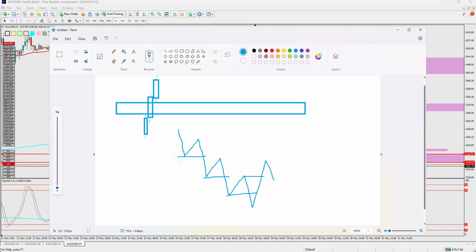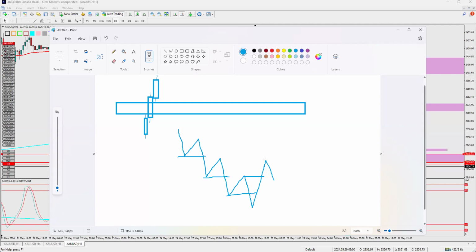So this one is break of structure. This one is the one you wrote on the chart. This one is change of character. It shows the direction of the trend is changing, because it breaks the higher low and then forms a higher high.